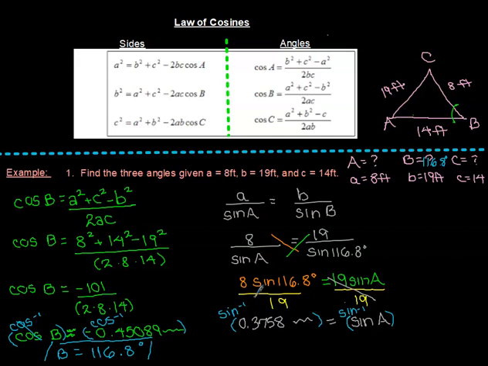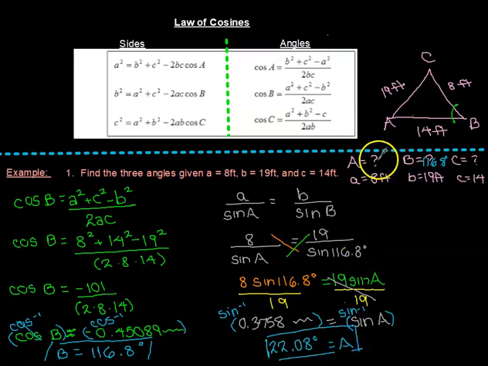And then again, press second negative to pull up the previous decimal answer of that 0.3758, so you don't have to punch the whole thing in manually. And that should give you an angle of 22.08 degrees. So 22.08 degrees is equal to angle A.